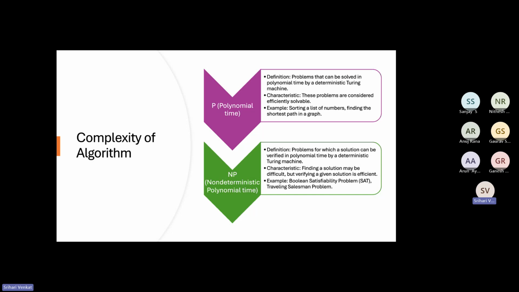Similarly, the traveling salesman problem in a very small situation can actually be solved in polynomial time, but at a large scale, it's non-deterministic. So, in general, the traveling salesman problem is considered non-deterministic.